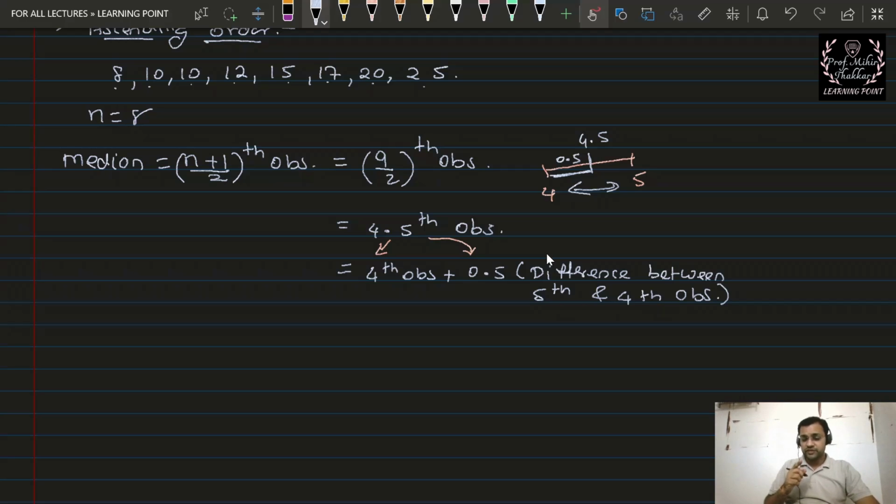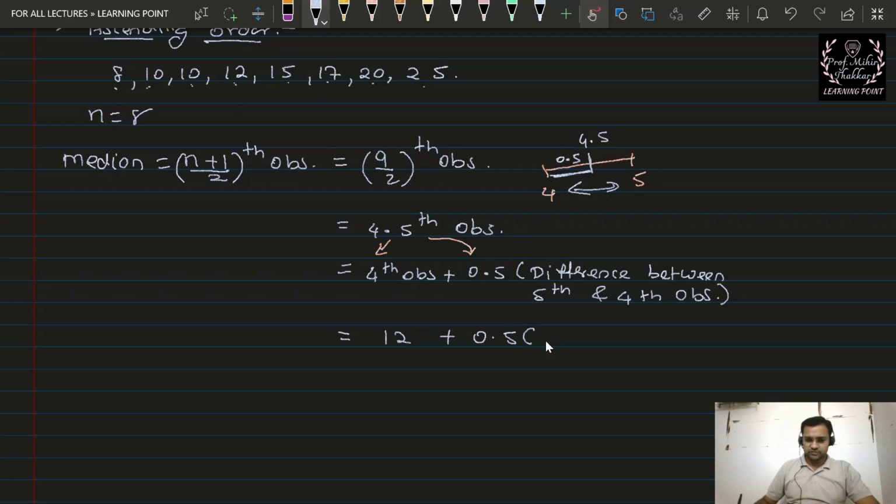But we have to remember one thing, that this difference is taken from the ascending order of the observations. So the 4th observation is 1st, 2nd, 3rd, and the 4th, which is nothing but 12, plus 0.5 into the difference between these both. The 5th observation over here is 15.